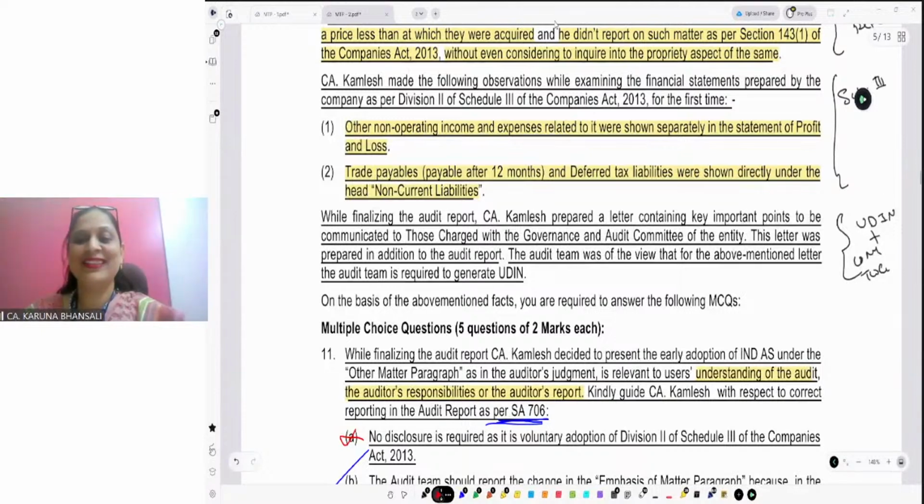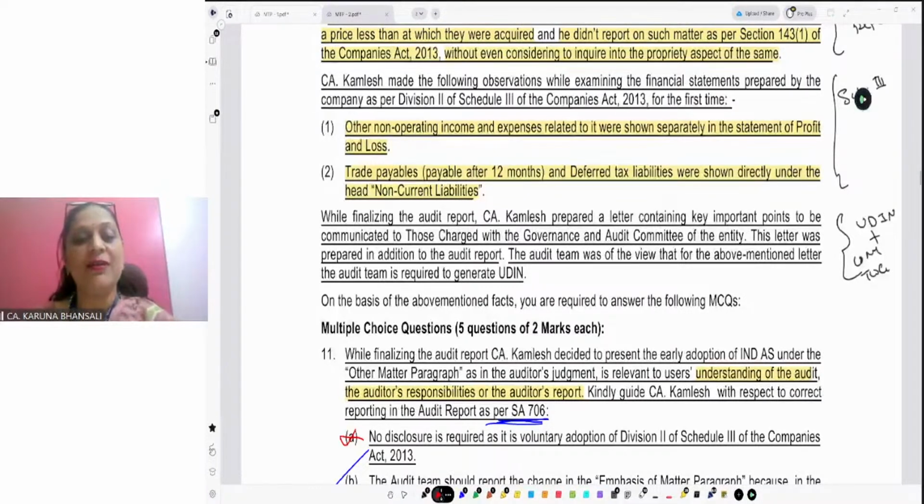Good morning, students. I hope you are enjoying. Now, the journey is just going to finish for CA Final Paper 3, Advanced Auditing and Professional Ethics. It's our last session. Of course, we'll be coming back to you in BOS for your success, which will be in September. And you all are aware that little progress each day adds up to big results. So we have practiced a lot of questions.